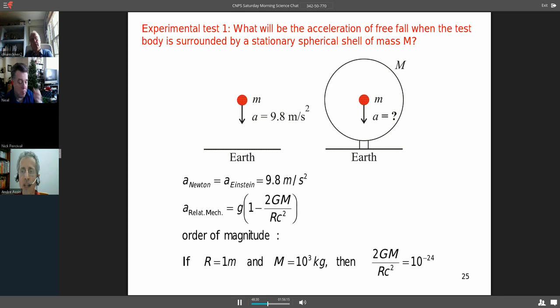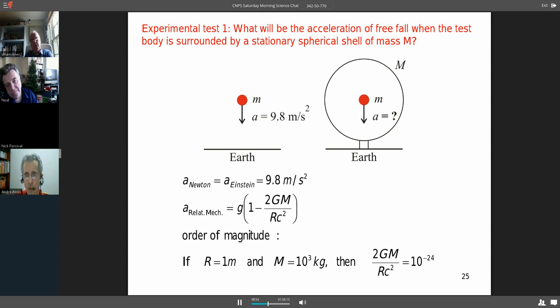Einstein wanted the acceleration to decrease in order to implement Mach's principle. But in his general theory of relativity, it was shown that a stationary spherical shell exerts no force inside, just like in Newtonian theory. So in general relativity, the acceleration remains 9.8.